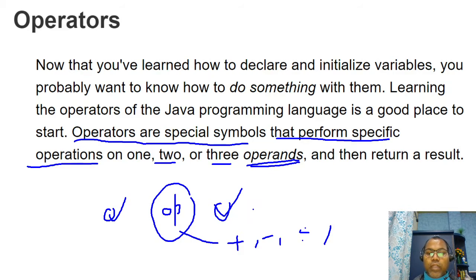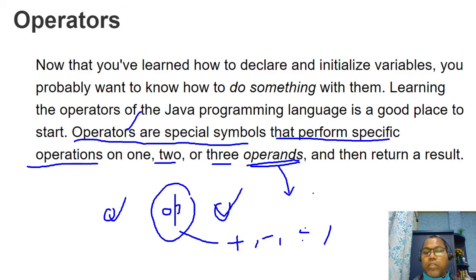So be clear, these are the two terminologies. An operator is a special symbol that has a special meaning, and those operators work on some variables or values; those variables are known as operands.